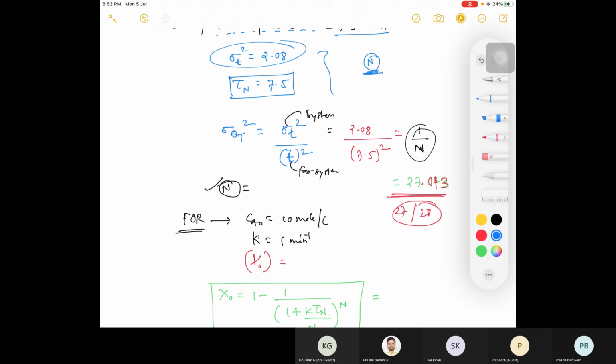Around 60% of people chose 28 instead, because what is n? Number of reactors. So will it be 27.043, or 27, or 28? It should be 28, right? So 60% of the class took 28 and we got the wrong answer.